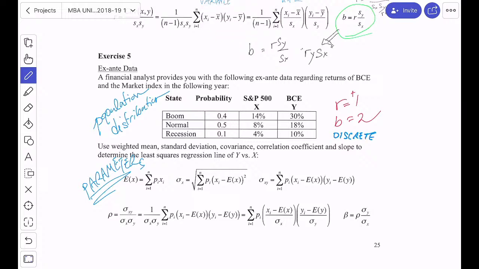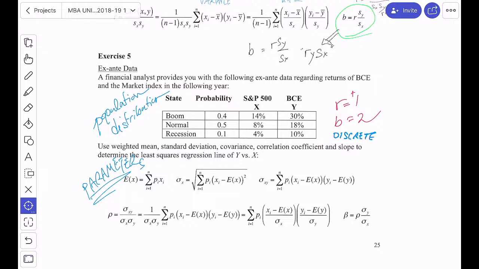Okay, discrete distribution, because there's 3 possible outcomes, and these are the pairs of values that occur if there's a boom economy, if there's a normal economy, 50% chance, these are the returns, and in a recession, these would be the returns.